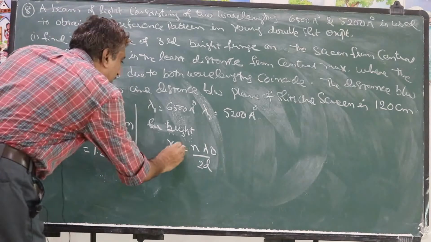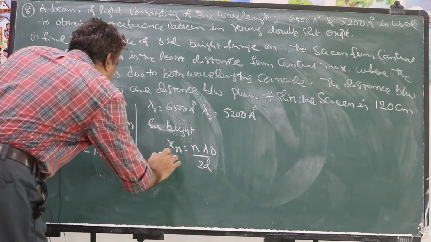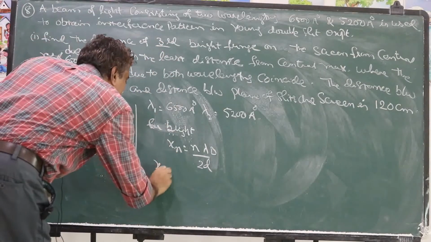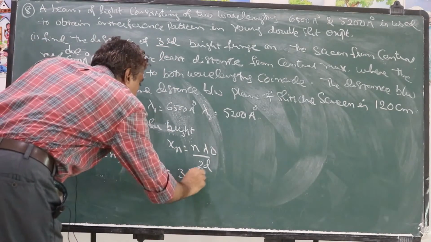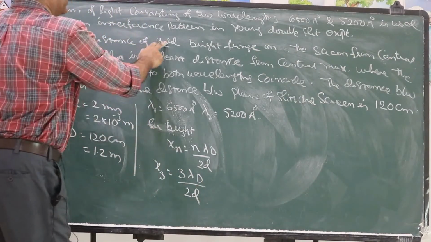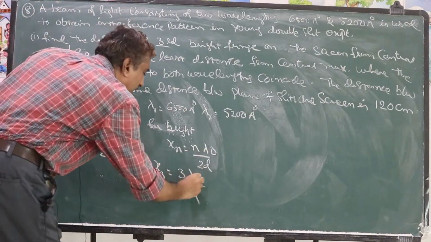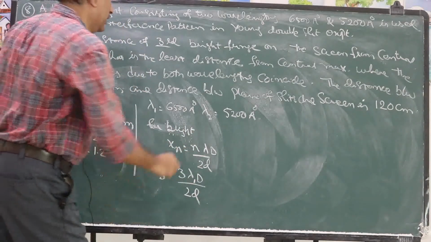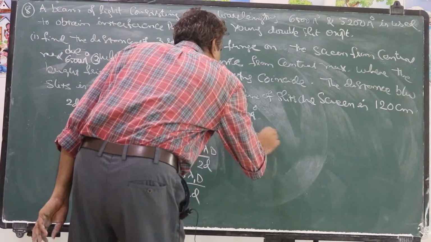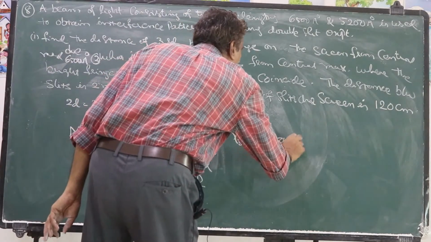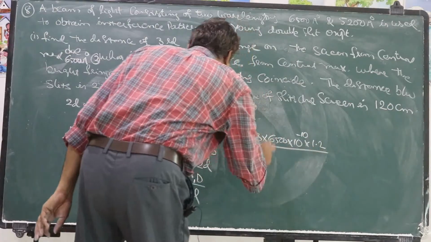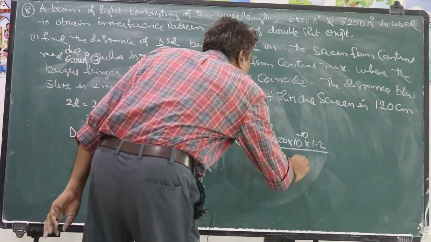We are asked to find the third one. So x3 is equal to 3 lambda D by 2d, and you have to take lambda 1 here. So x3 is equal to 3 into 6500 into 10 power minus 10 into 1.2 by 2 into 10 power minus 3.